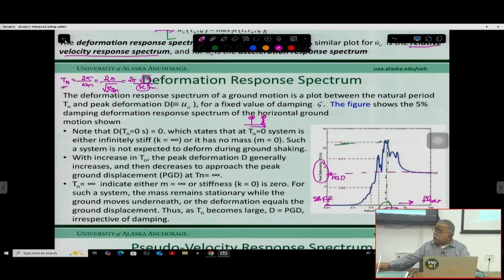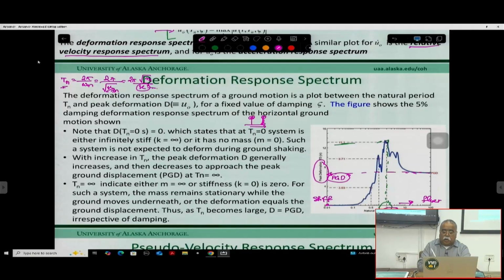And if T is large, then basically this will be a constant value, and that constant value will be equal to the peak ground displacement. So if you can calculate the peak ground displacement value from your time history, and then you plot the deformation spectrum, you will see that the numbers match, because this will be asymptotic to the peak ground displacement values.